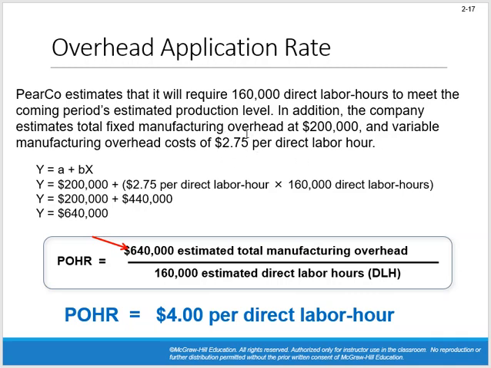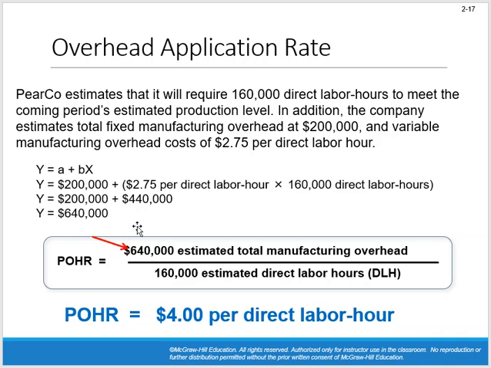So we're going to take $2.75 and multiply it by 160,000 direct labor hours. So that's BX. B is 2.75 and X is 160,000. So we multiply those together, we get 440,000. So we add together fixed of 200,000 plus BX, the variable component, which is 440,000, and we get a total estimated MOH of Y equals 640,000.